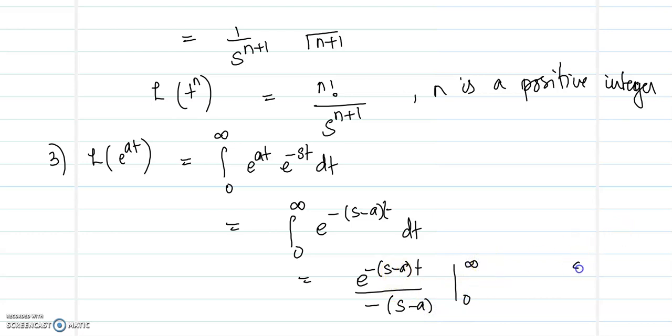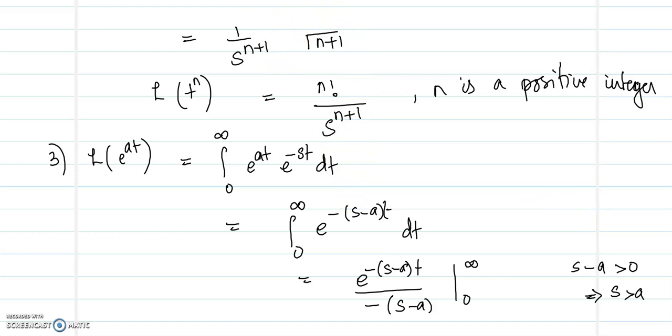Now I will be taking the case where s minus a is greater than 0, so that is s greater than a. Then we will get e power minus infinity, which will be 0 at the value infinity. At t equal to infinity, when we take the limit, we should get a finite value. So the integral converges when s is greater than a.